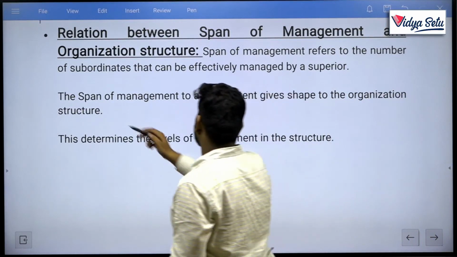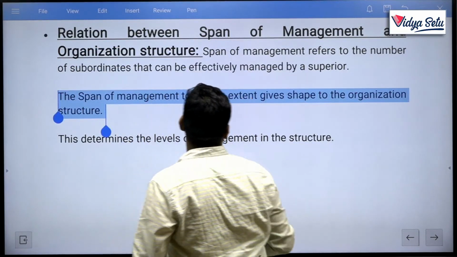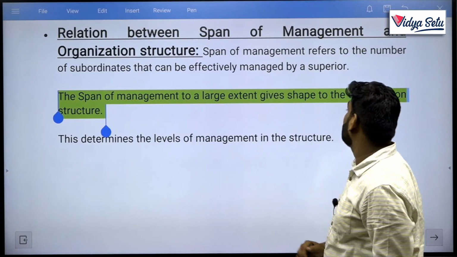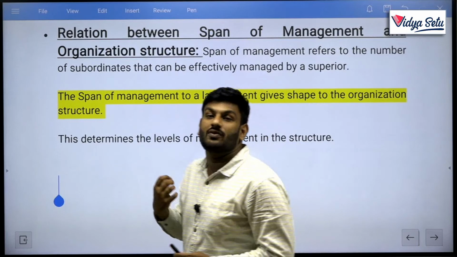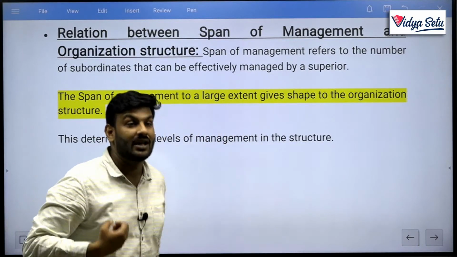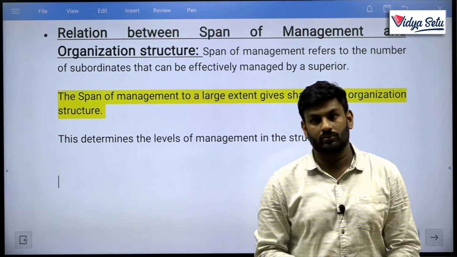To a large extent, span of management gives shape to the organization structure, as in when span of management goes beyond and beyond and is expanded in each and every manner, it creates an organization structure. Clear?